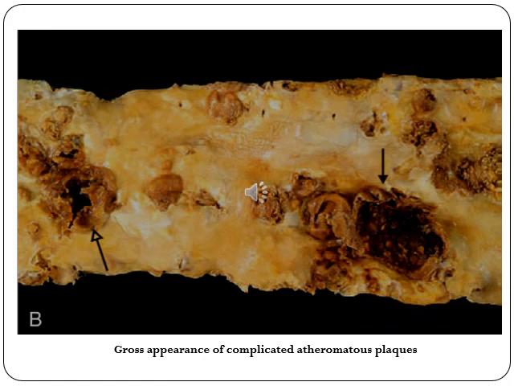Again, this photograph shows the gross appearance of complicated atheromatous plaques. As you can see, there are multiple cauliflower-like growths which are dark brown in color. In the background we can also see elevated yellowish areas, which are uncomplicated atheromatous plaques.